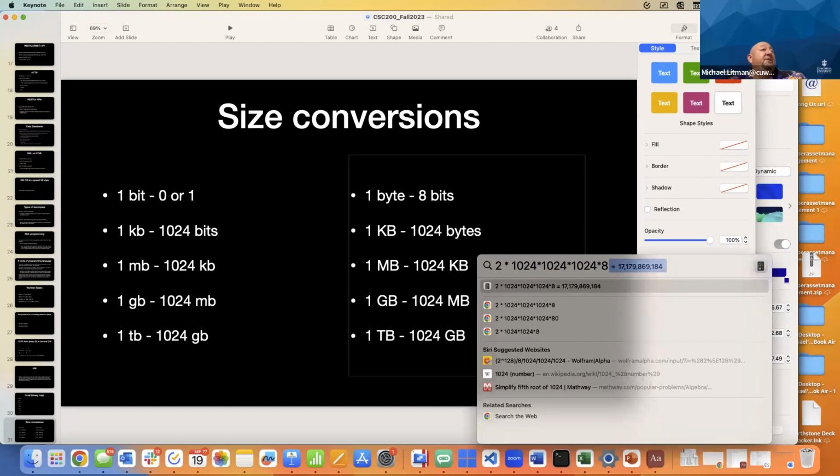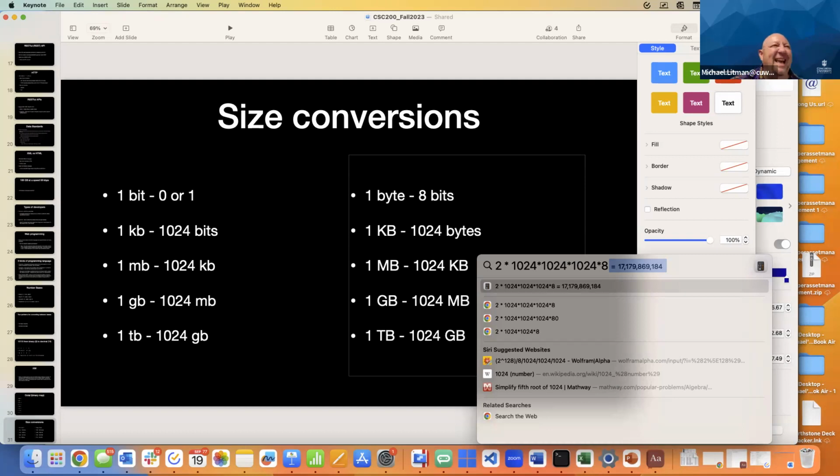That's the number of bits. So if you walk into Best Buy and they have a 17,179,869,184 bit hard drive, that sounds like a bigger hard drive than a 2 terabyte hard drive, even though it's the same number. Make some sense?